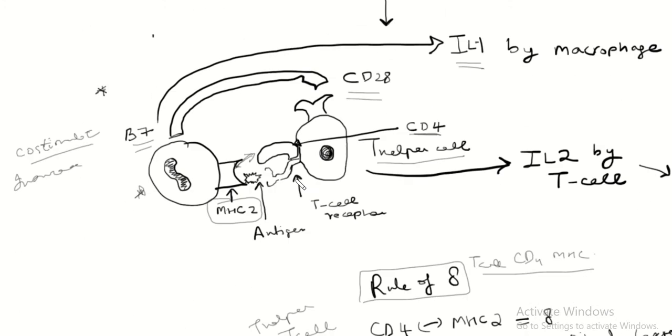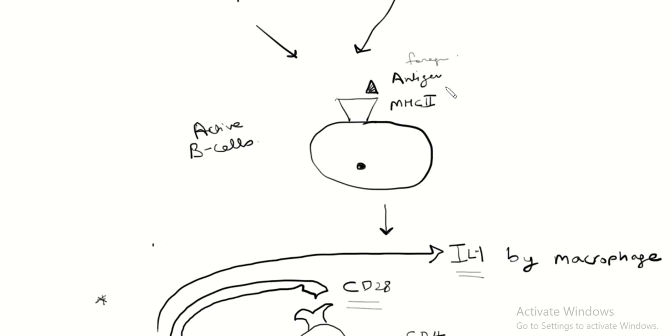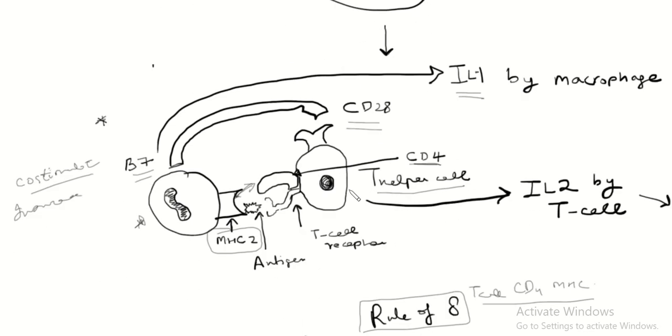Now, if the MHC2 and the foreign antigen attach to a specific CD4 T helper cell, and the foreign antigen attaches to the T cell receptor and the CD4 part attaches to MHC2, that's lock 1 in place. That's the first stimulation. The insurance policy, the B7, attaches to CD28. Once this is locked and loaded, interleukin 1 is produced by the macrophage or the antigen presenting cell, and that gives you fever, acute phase proteins, and increased WBCs. Tries to get more help.